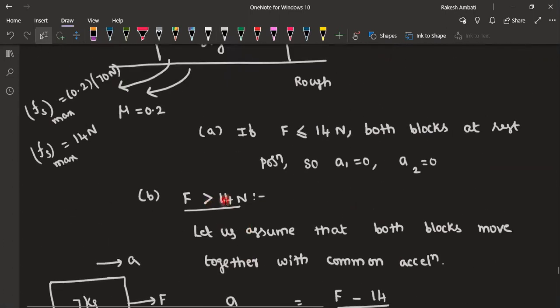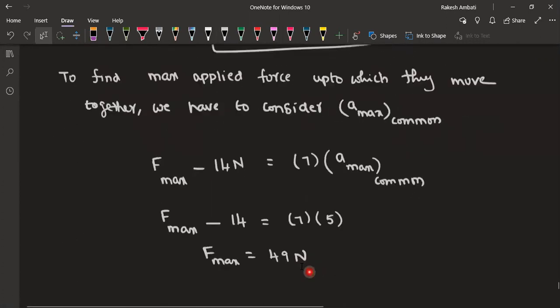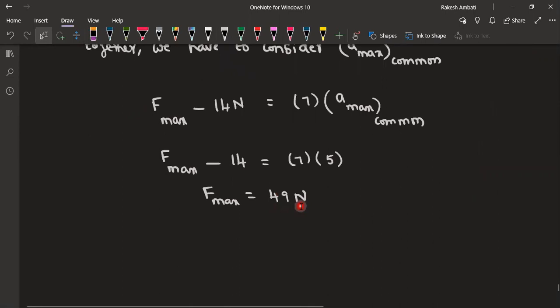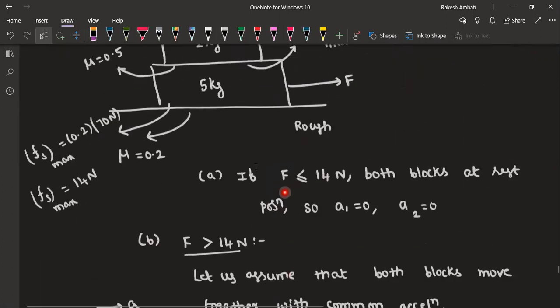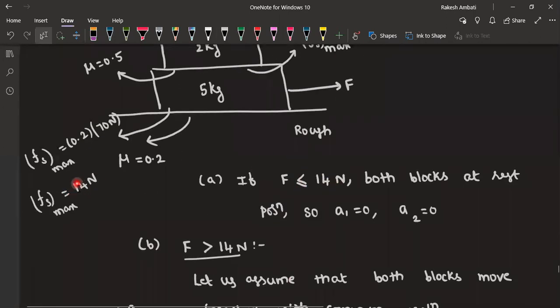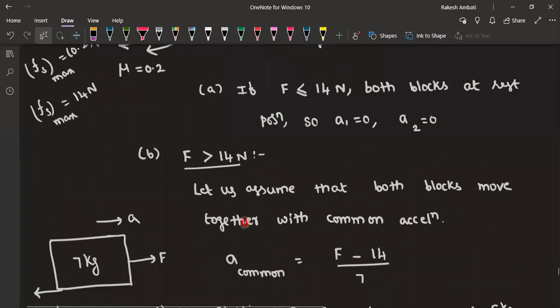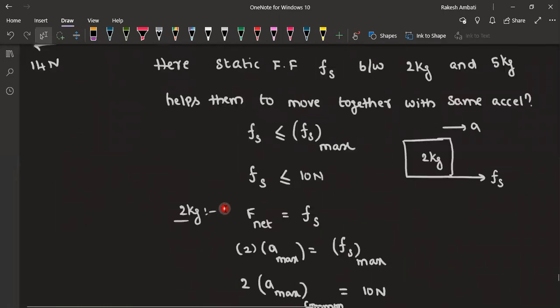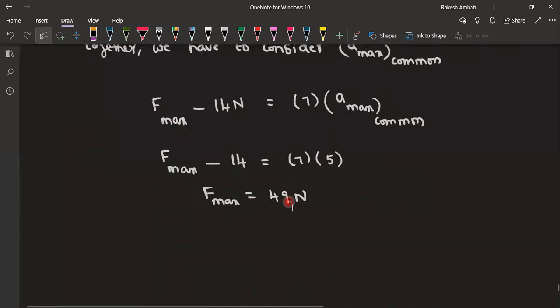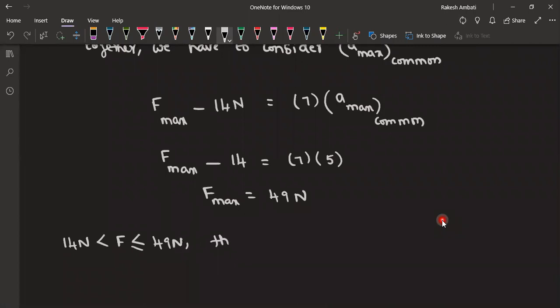That means they move together for F greater than 14 Newton, from 14 Newton up to 49 Newton. If the applied force is less than 14 Newton, both blocks are at rest. From 14 Newton up to 49 Newtons, they move together with a common acceleration.